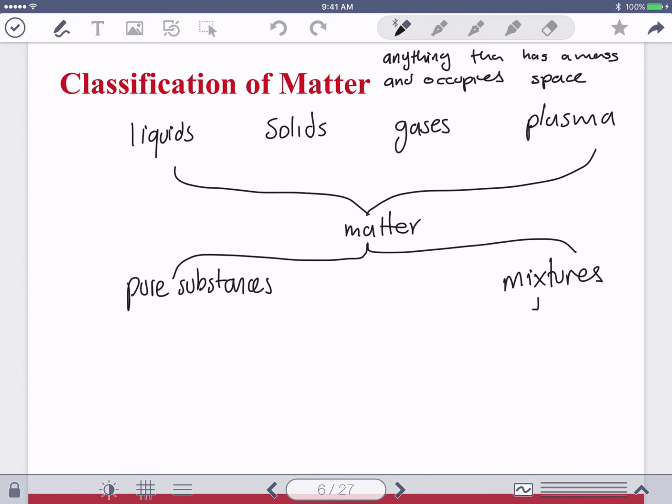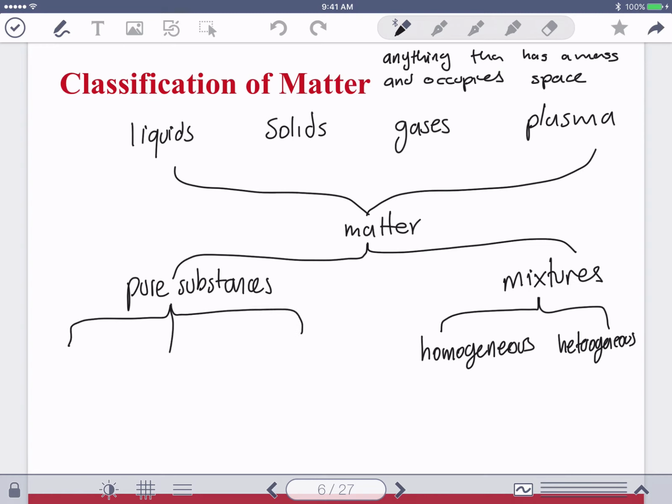When I think of mixtures, I can think of two further ways to classify them, and we're going to talk about homogeneous mixtures or heterogeneous mixtures. And then also we're going to look at the pure substances, and we're going to classify these as elements or compounds.